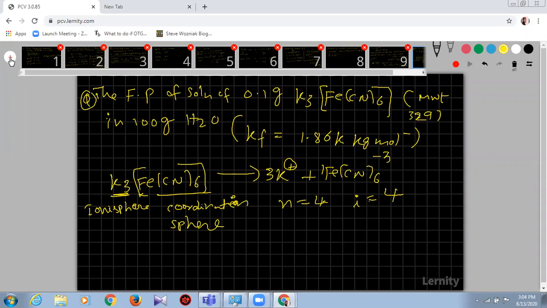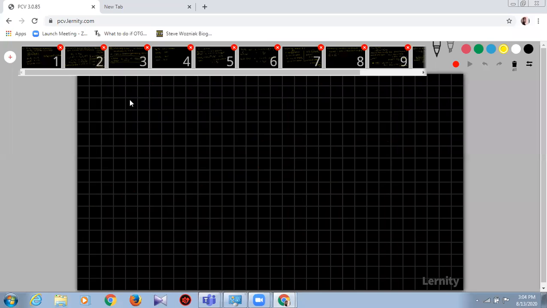Now I'm going for next slide, I'll give time to note down. Delta Tf is equal to i into Kf into molality, am I right or not? That is Tf naught minus Tf, because initially the solvent has its own freezing point. Once we add the solute, it becomes a solution and there will be depression in freezing point.